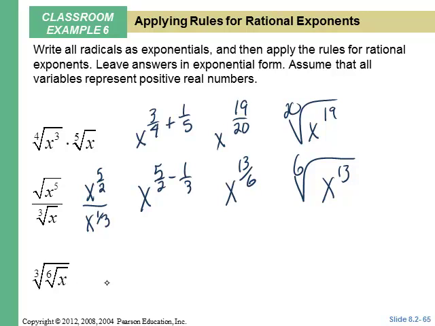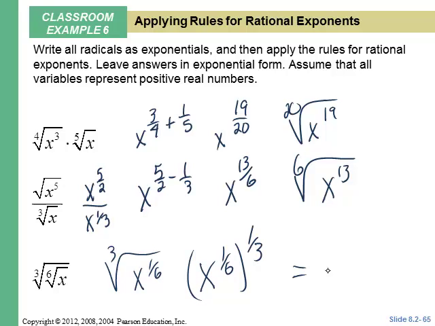This is the cube root of x to the 1/6, which is x to the 1/6 to the 1/3. So multiply those two, you get x to the 1/18, which is the 18th root of x.